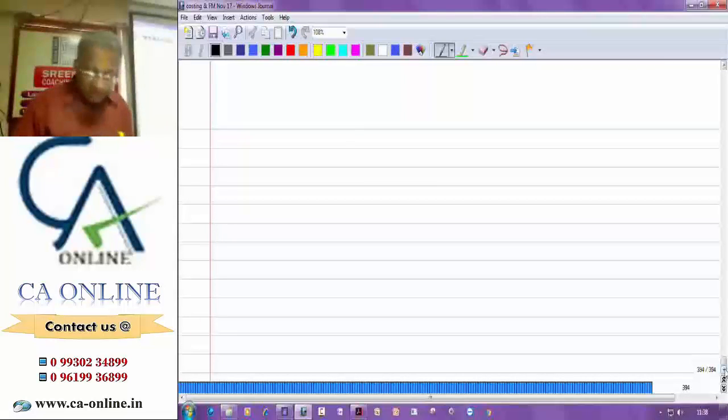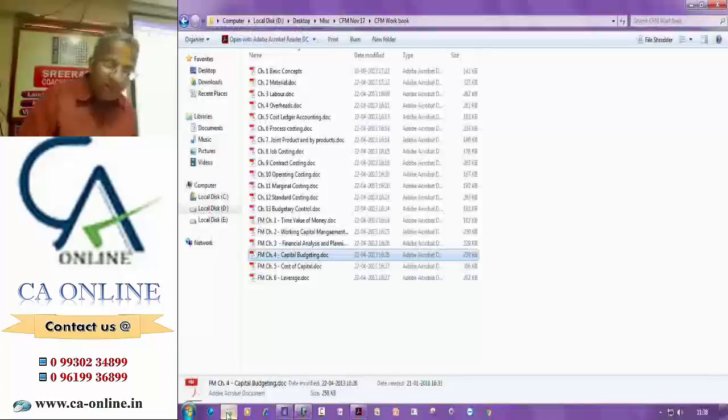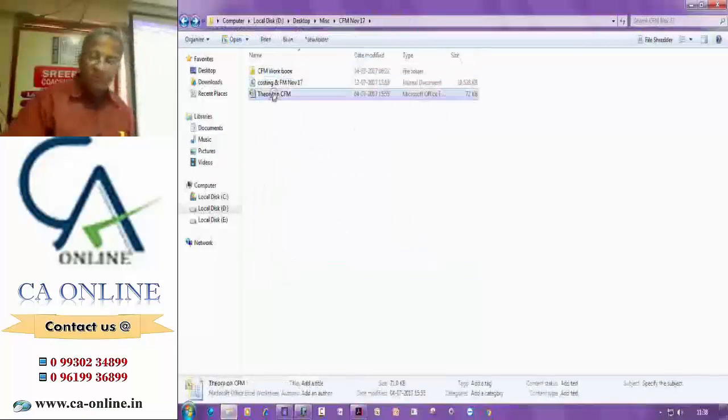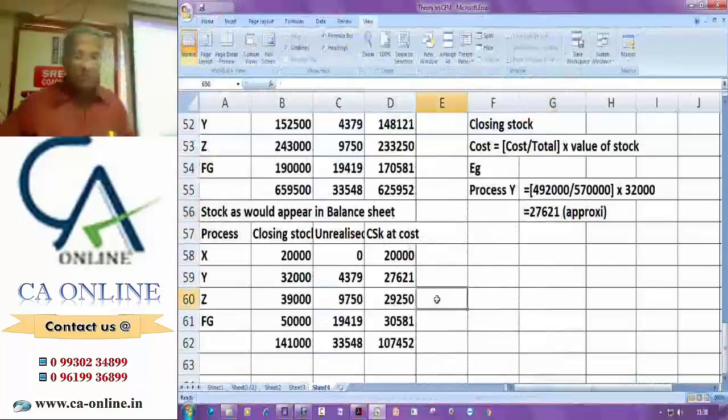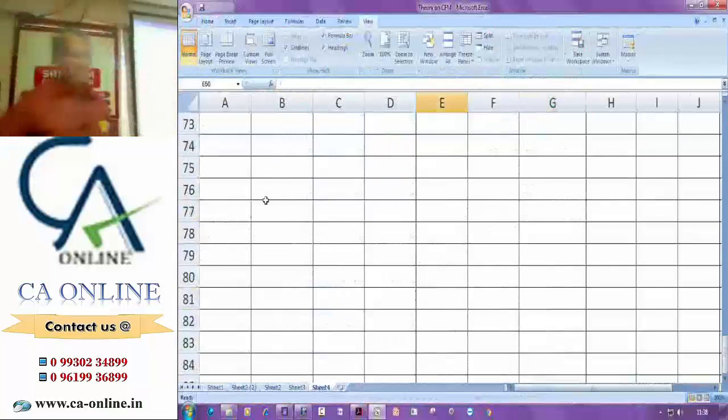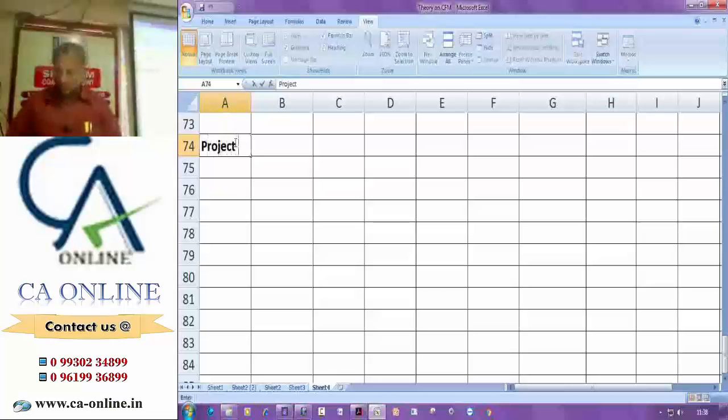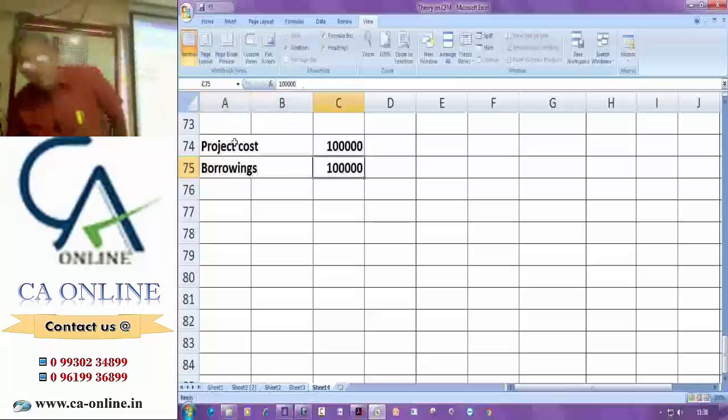Now, for this case, I would like to take up an example. Project cost 1 lakh. Borrowings 1 lakh. That means I don't put any money. The entire project is financed by borrowings.